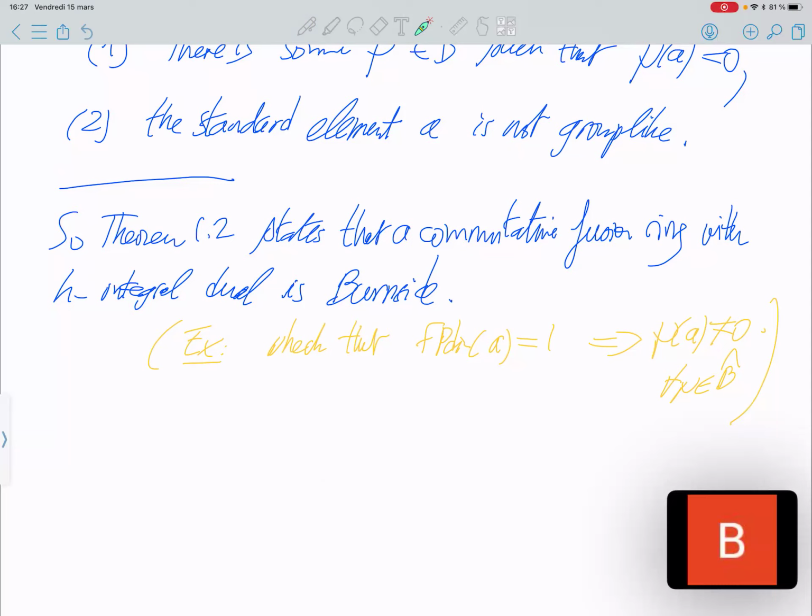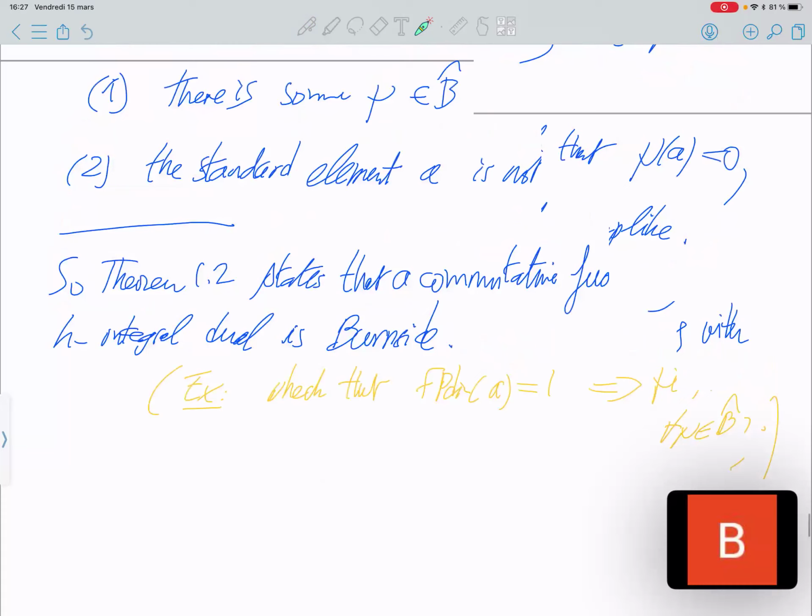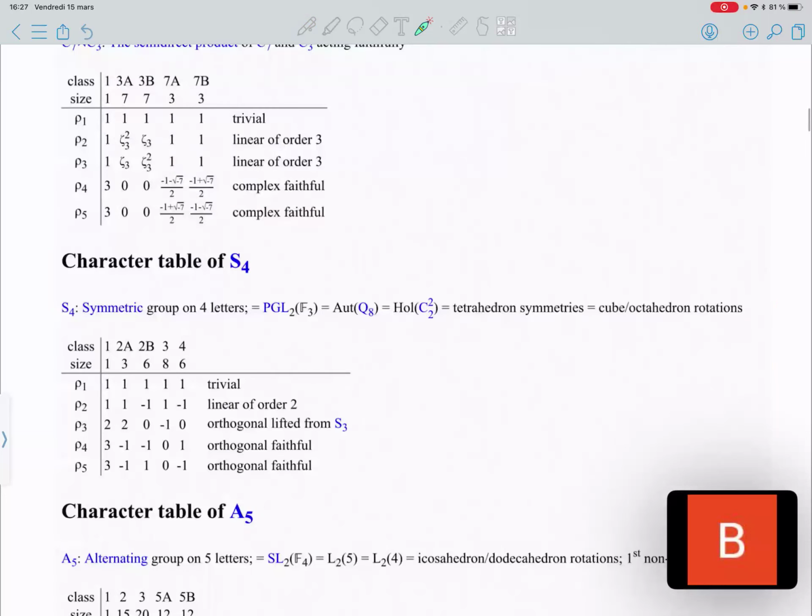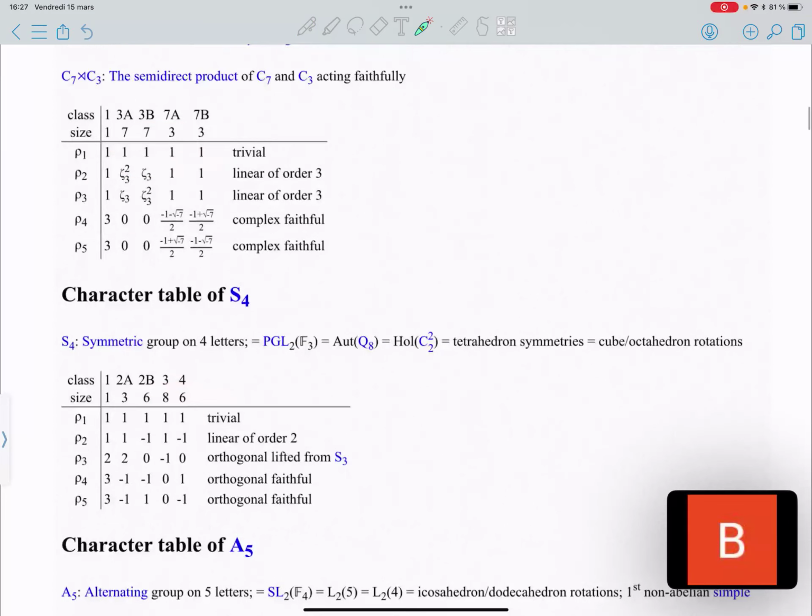In fact, let me just have a look at this. At least for this example, it's clear that when it is 1, we don't have 0. Why should it be true?